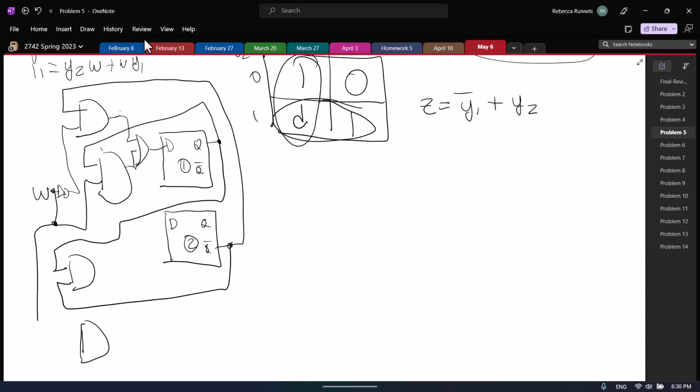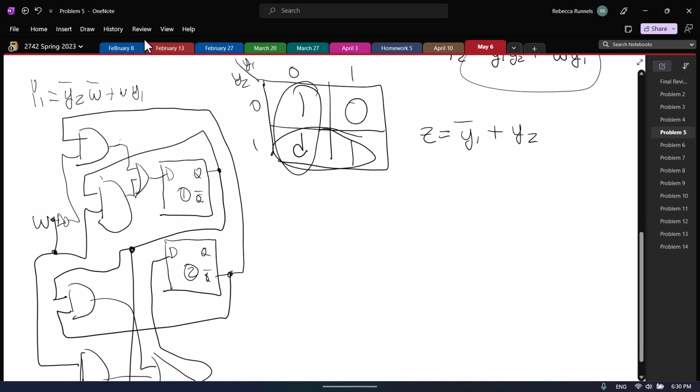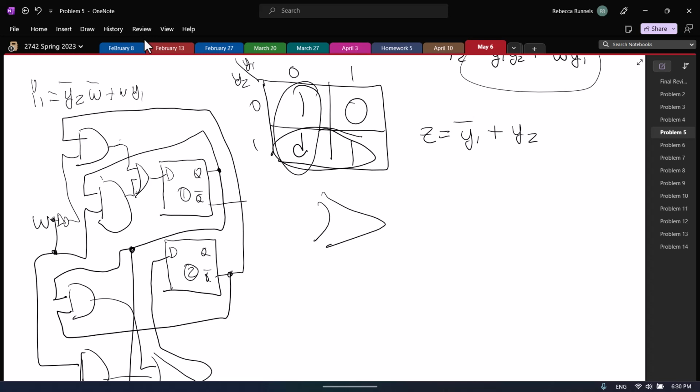W and Y1, so that's Y1, and these are ORed together, and that's our Y2, and our Z is Y1 bar or Y2, so Y1 bar or Y2, and that's Z.